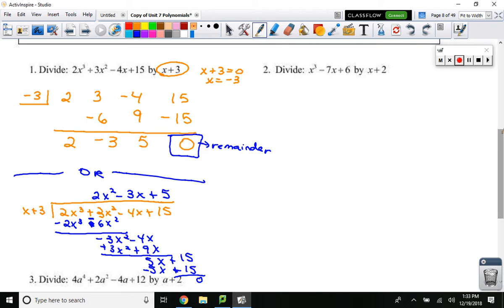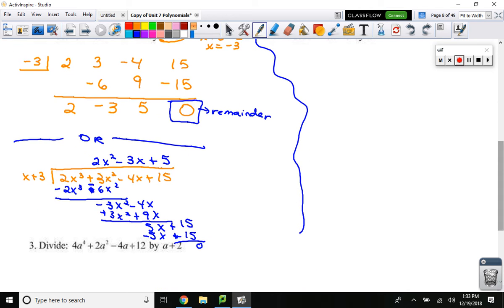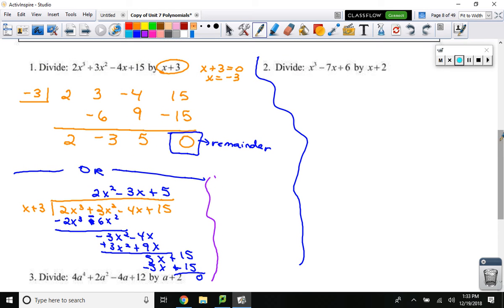So my final answer: I'm looking for the answer to 2x cubed plus 3x squared minus 4x minus 15 over x plus 3, which is equal to 2x squared minus 3x plus 5, remainder of nothing, so I don't need anything here.